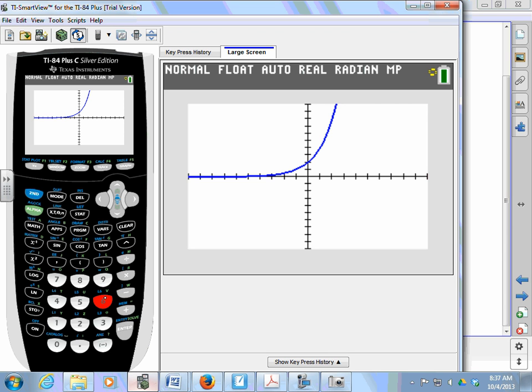And there's 10,000x. All right, there's the advantage I have of color, right? We can actually see the line there. So it looks like they intersect right here, doesn't it? Are they going to intersect anywhere else?